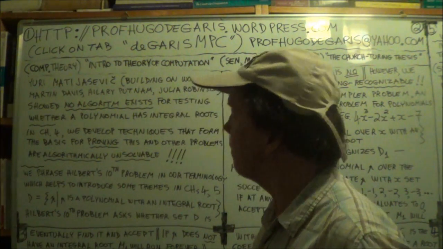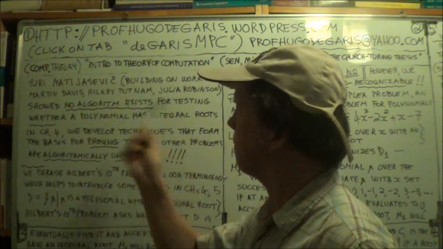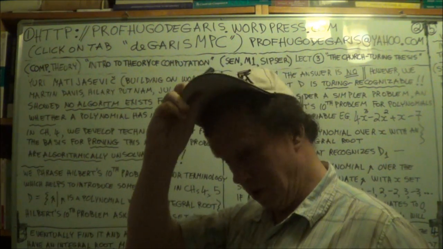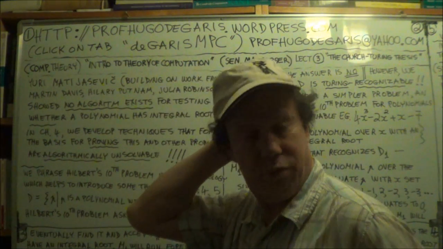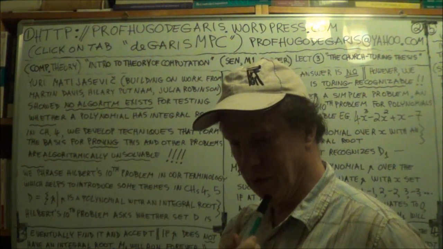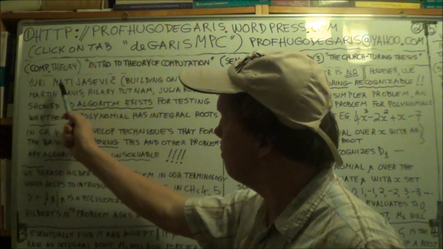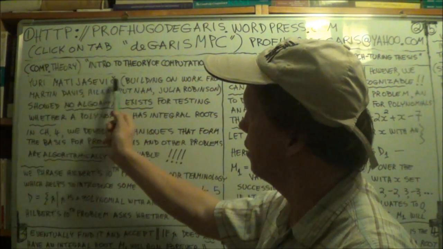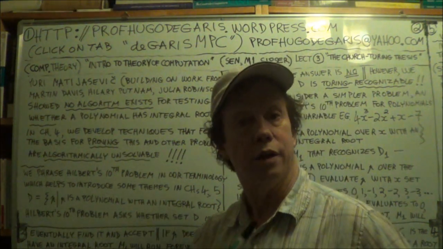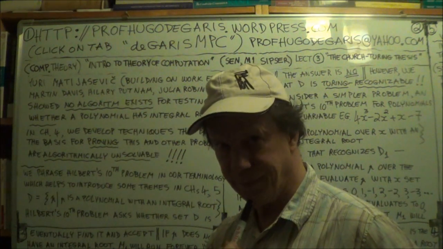So anyway, these people did previous work on this kind of question, whether you can find algorithms, so Turing algorithms, that can resolve a certain question. And eventually, in 1970, Yuri Matiyasevich showed that there is no such algorithm.